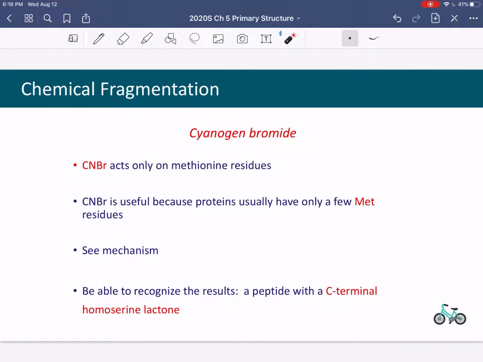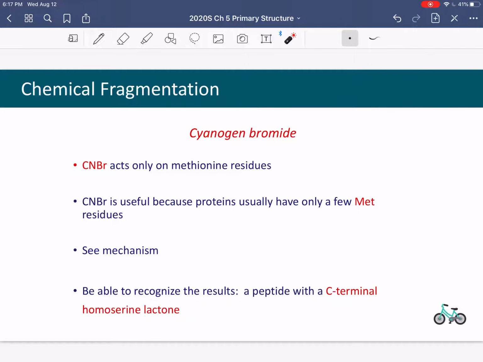But we'll hold off on step 5 for now while I give you your last cleavage reagent, a chemical cleavage reagent, cyanogen bromide. CNBr acts only on methionine residues, and it cleaves by cyclizing the methionine side chain.